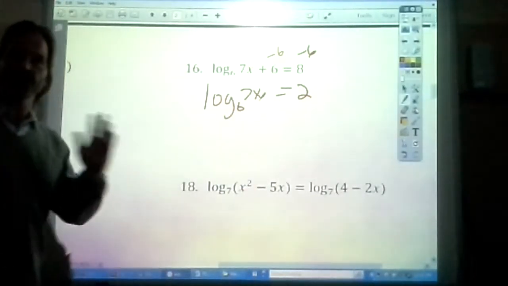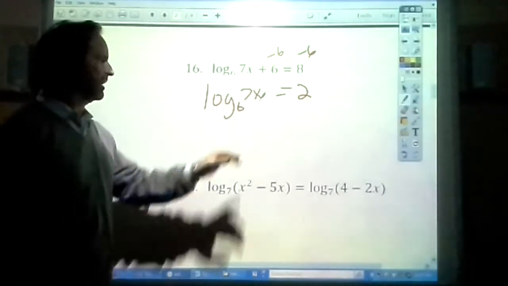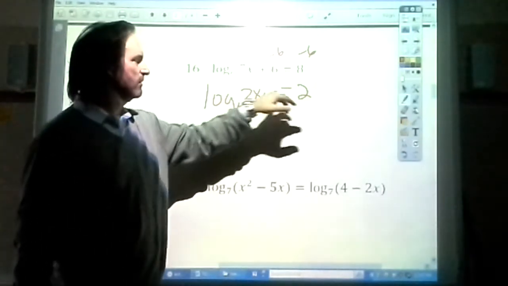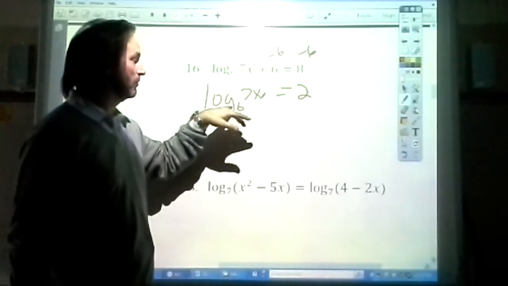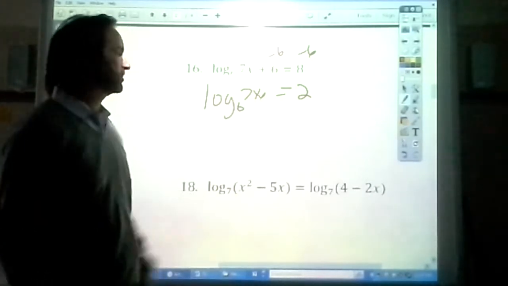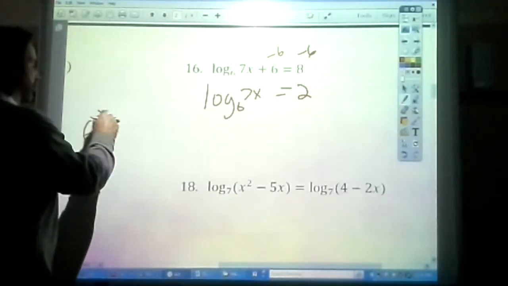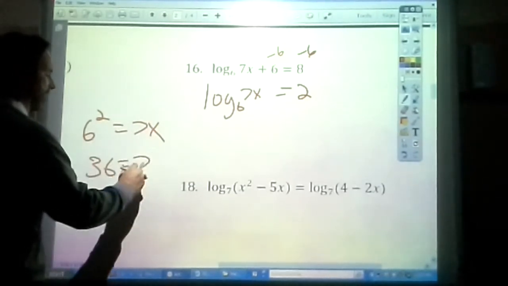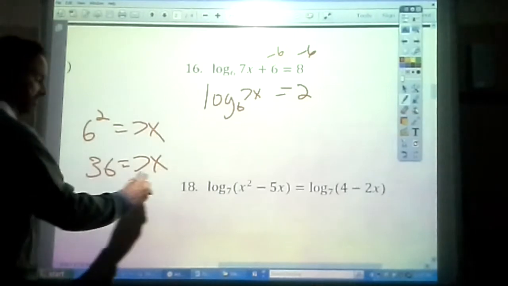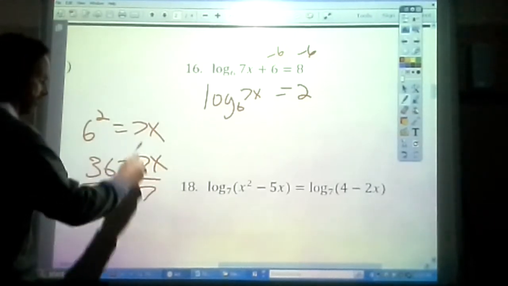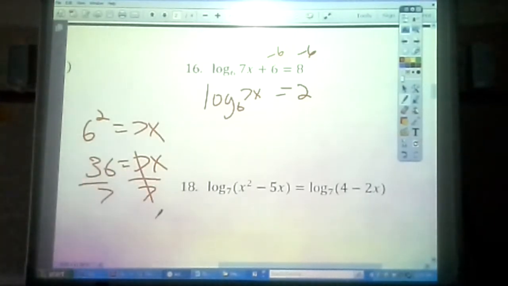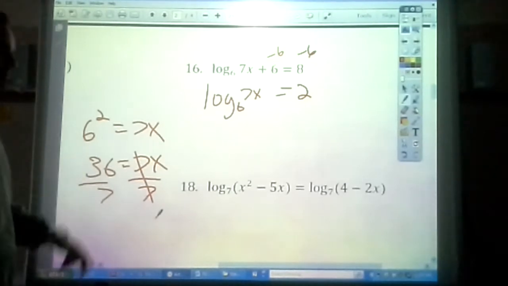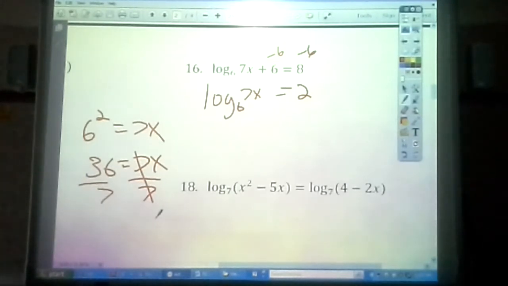When you have a log on just one side, you've got everything you need. I've got a base, exponent, like I did at the beginning of the video. Base, exponent, and what it equals. 6 to the second power equals 7x. That's 36 equals 7x. Divide both sides by 7. That's your answer. Okay, 5 and 1/7. Okay, 36 over 7 equals x.